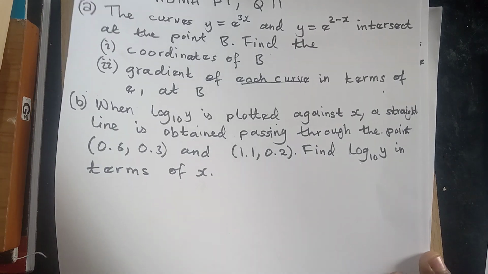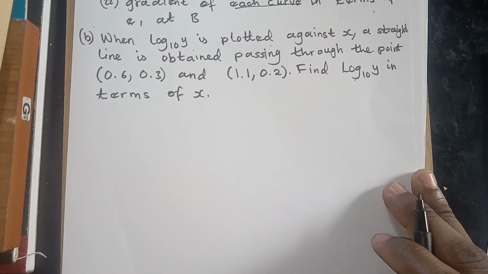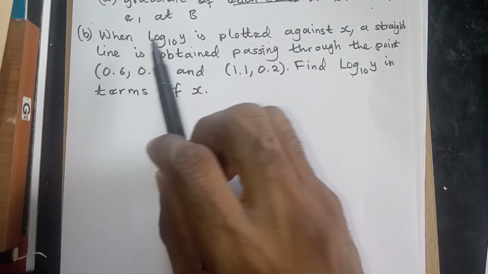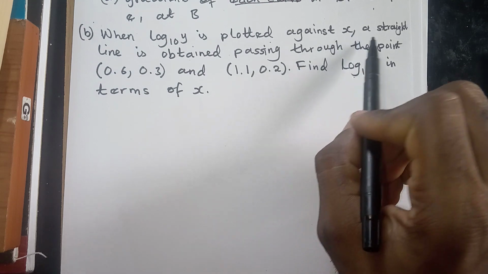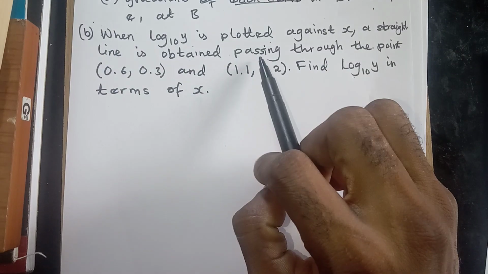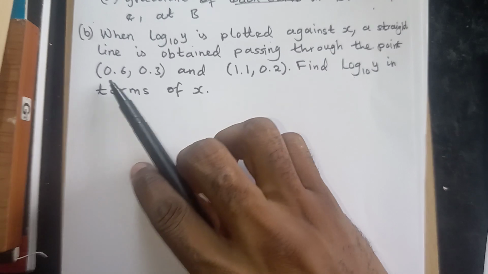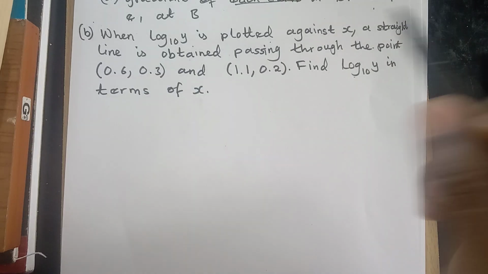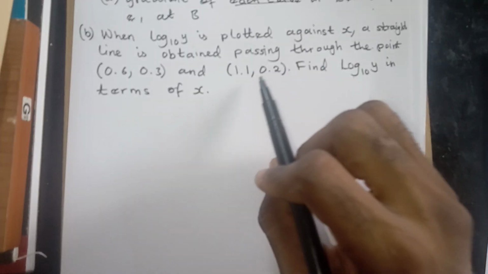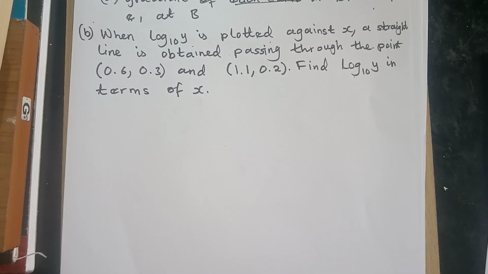On part B, we have this one here. When log 10 of y is plotted against x, a straight line is obtained passing through the points 0.6, 0.3 and 1.1, 0.2.